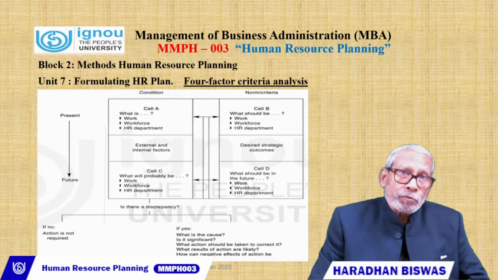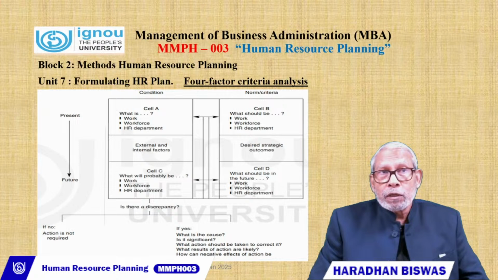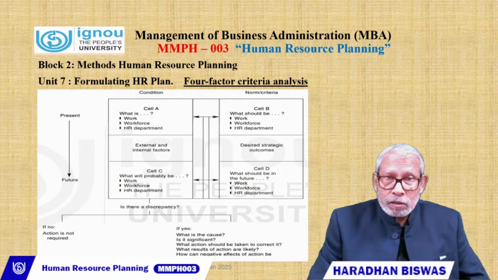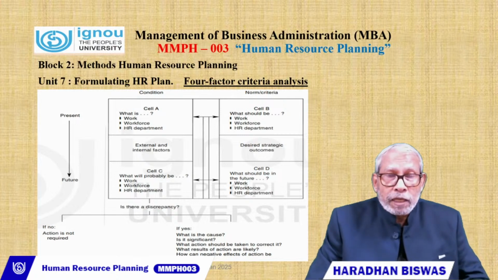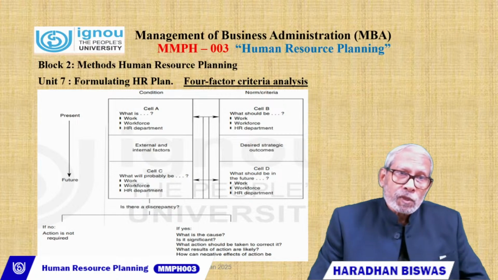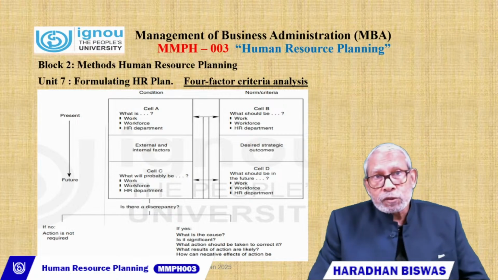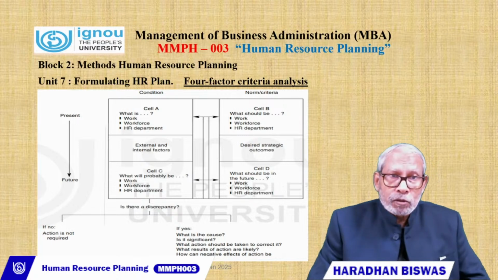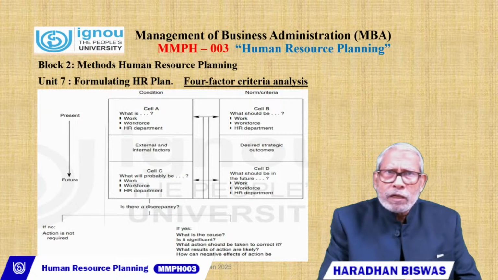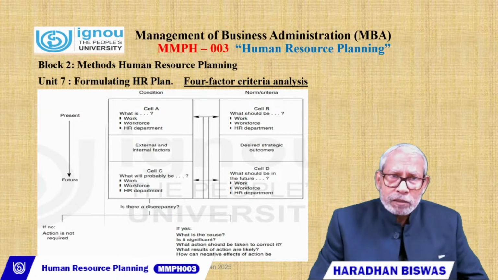Suppose, are the people really skilled or not, are the HR people likely to be involved in this process, is the workforce sufficient or not, are there any problems, are their knowledge and qualification fit for these things. All this is part of the probability part.